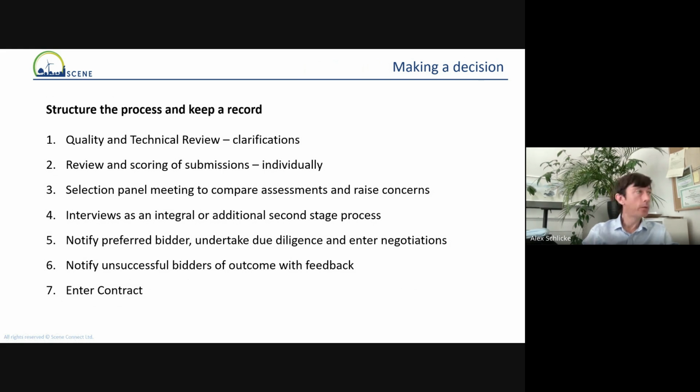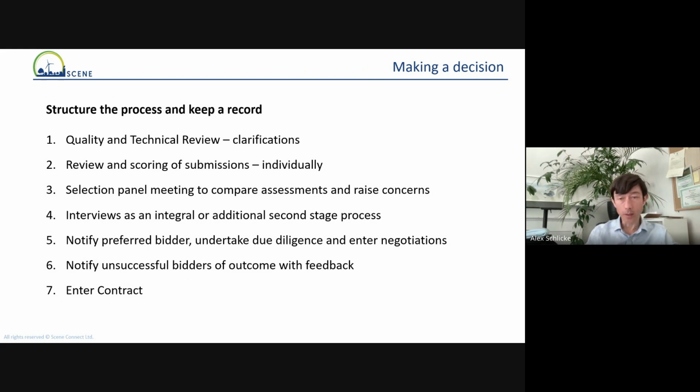Following on from that process of how do you make sure that the process is fair and transparent? Well, you do that by structuring it and keeping a record. So in terms of the process, you'll put the brief out, you'll provide the opportunity for clarifications, but then when you get the submissions, you'll need to do both a quality review and then the technical review, making sure of what's being submitted.